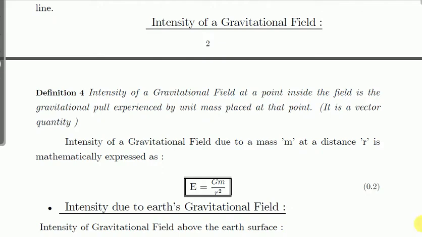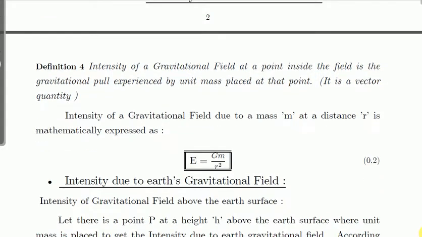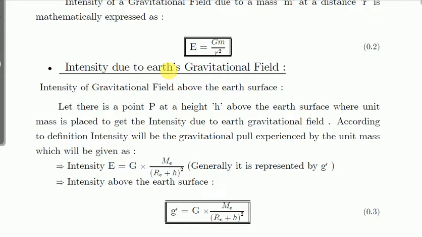Now, intensity due to Earth's gravitational field. Intensity of gravitational field above the Earth's surface. Let there be a point P at a height h above the Earth's surface where unit mass is placed to get the intensity due to Earth's gravitational field.